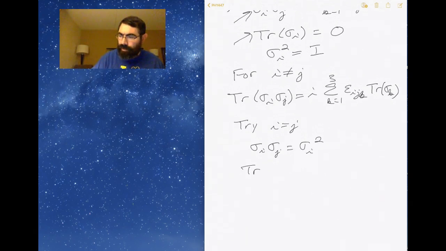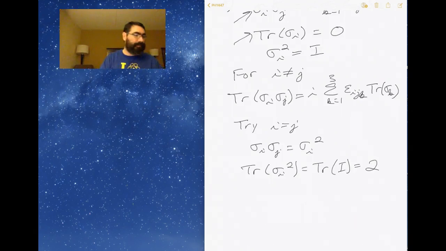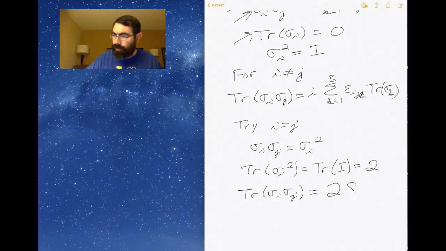The trace of sigma i squared is just the trace of the identity, which is 2. So that gives me that the trace of the product of any two Pauli spin matrices is equal to 2 times the delta function.